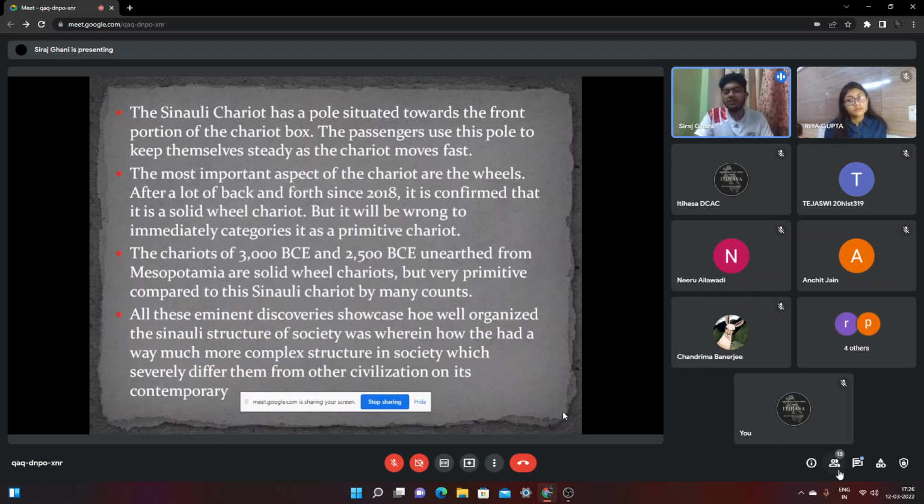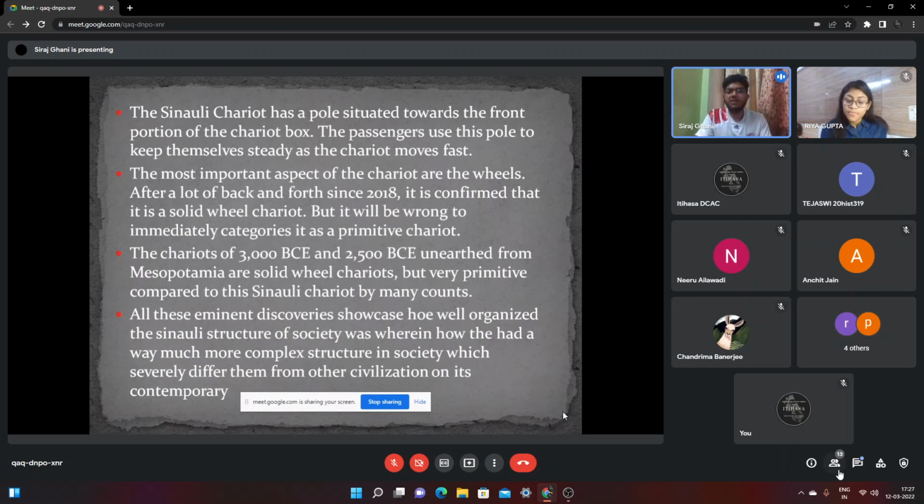Well, the excavation of Sinauli was stopped in 2018 due to some political or other misconception. But when I visited Sinauli, I found that the discovery made by the farmers and the people of Sinauli made them really happy about how culturally rich their village was.